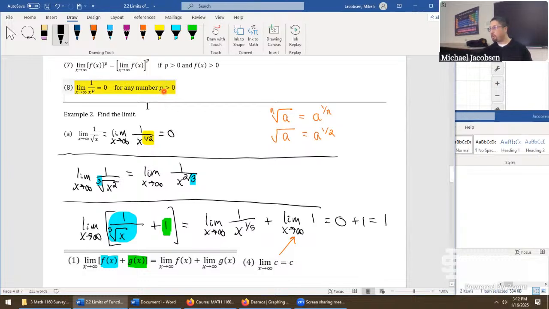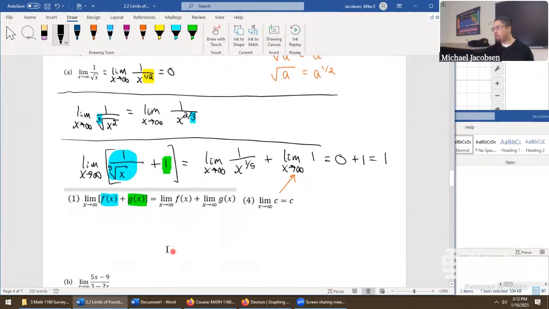Okay, so part A and the related examples down below are us just getting started with using property number 8, as well as the other limit laws. But when we go down to some of the other examples, they start to look a little bit more complicated, like this one down here, 5x minus 9 over 3 minus 7x.